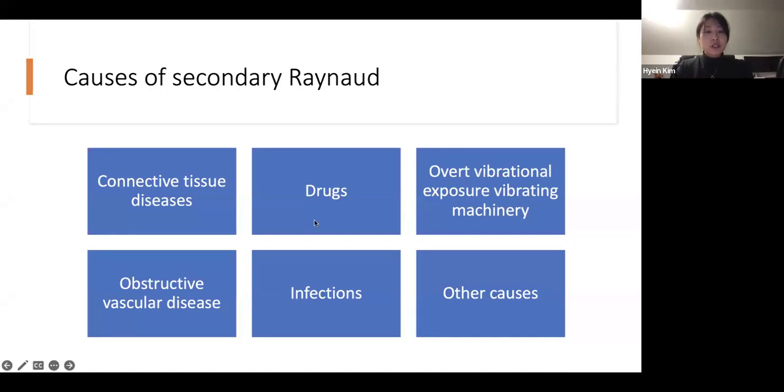Drugs, there are certain drugs that can be associated with it. I won't go into details, but some of the cardiac medications, such as beta blockers that patients are sometimes on for heart rhythm control or blood pressure control, can contribute to the Raynaud. The other thing that falls into this category, though it's not actually a medication, is smoking or cocaine.